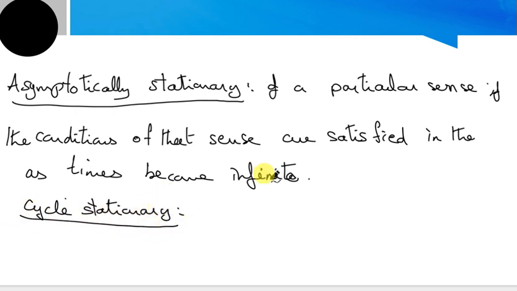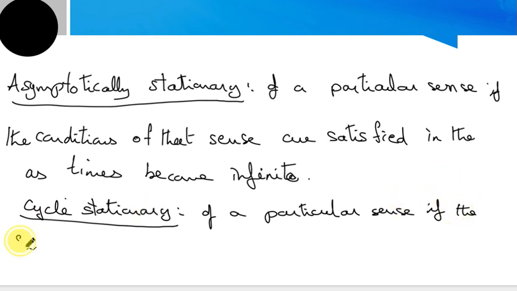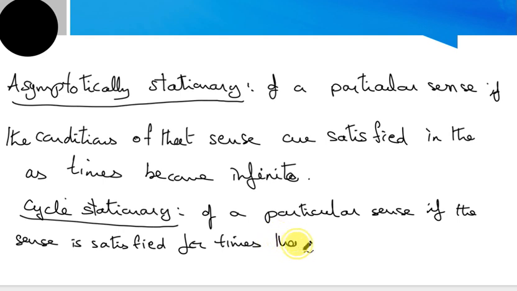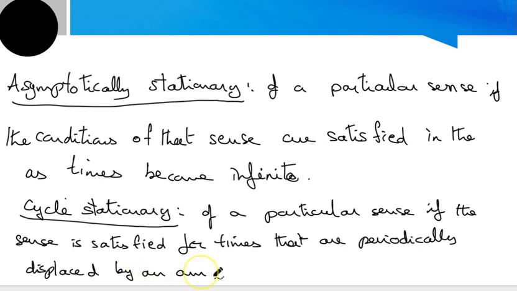A process is said to be cycle stationary of a particular sense if the sense is satisfied for times that are periodically displaced, say, by an amount capital T. So now we have also known what is strict sense stationary, what is weak sense stationary, and what is meant by asymptotically stationary and cycle stationary.